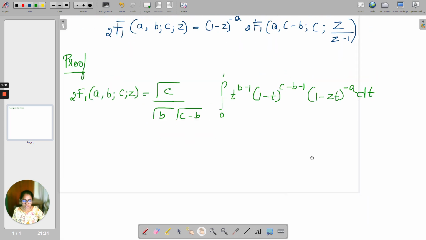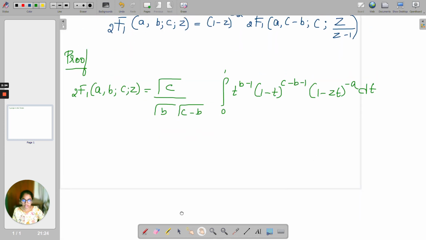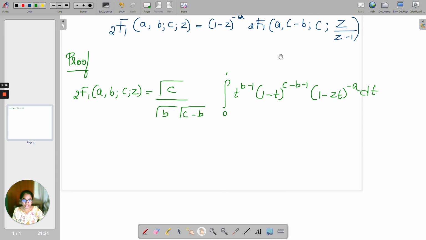Now what can we do for this? To get our RHS, let me take a substitution, that is t is equal to 1 minus s. What happens when t is 0?